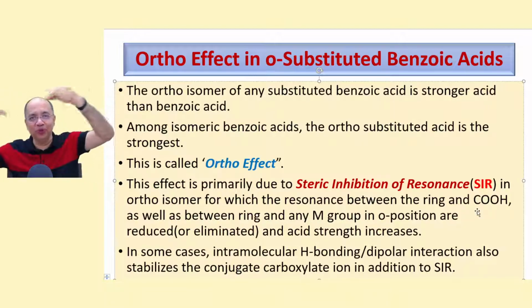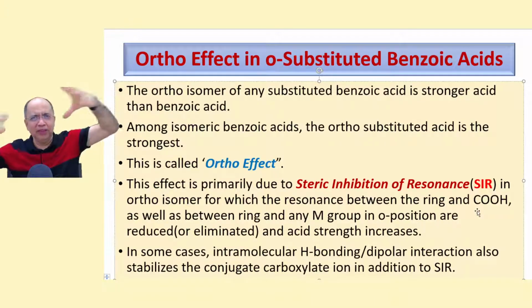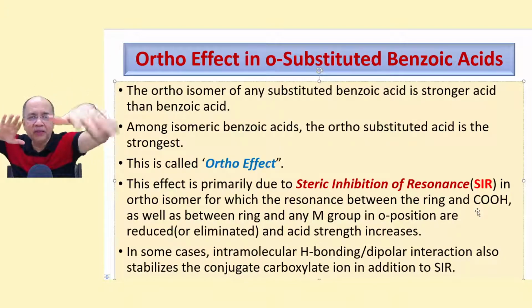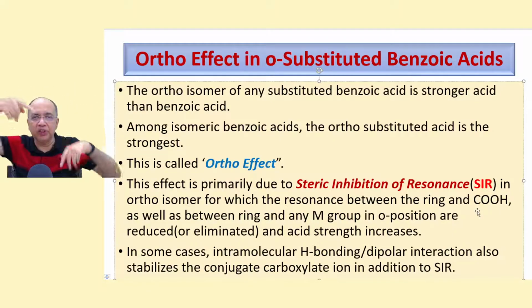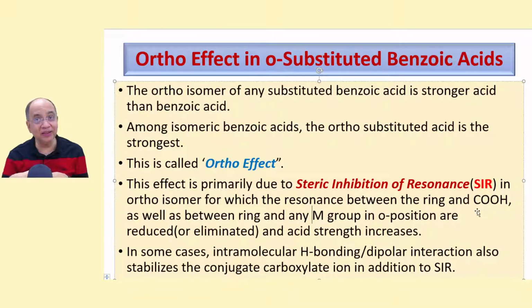The two ortho groups, carboxylic acid being a bulky group, and any other group, will produce so much steric repulsion that it will make the ring go out of the plane with respect to both carboxylic acid and the ortho group. So carboxylic acid will have less conjugation with the ring, and the cross conjugation will be greatly lowered, and as a result the acid strength will be increased.